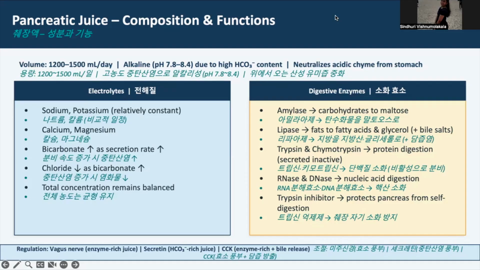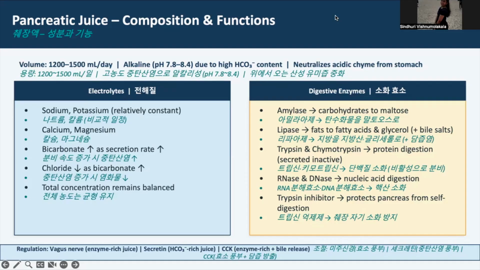Now the electrolytes that are present are sodium, potassium, calcium, magnesium, zinc, which are cations, and anions like bicarbonate, which is highest, the chloride, and traces of SO4 and HPO4.